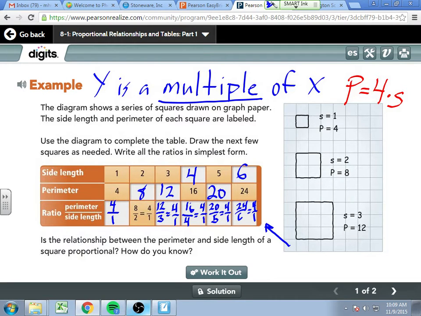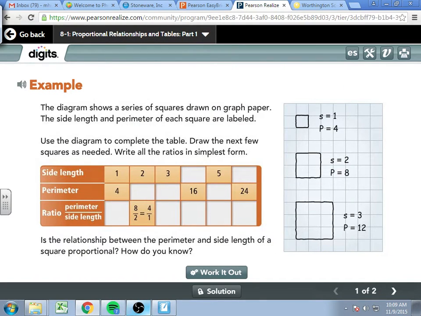This relationship, our whole y compared to our x, is what we call our m value, which the specific name for that, which we'll talk more about tomorrow, is the constant of proportionality. It's basically what you can simplify down to.